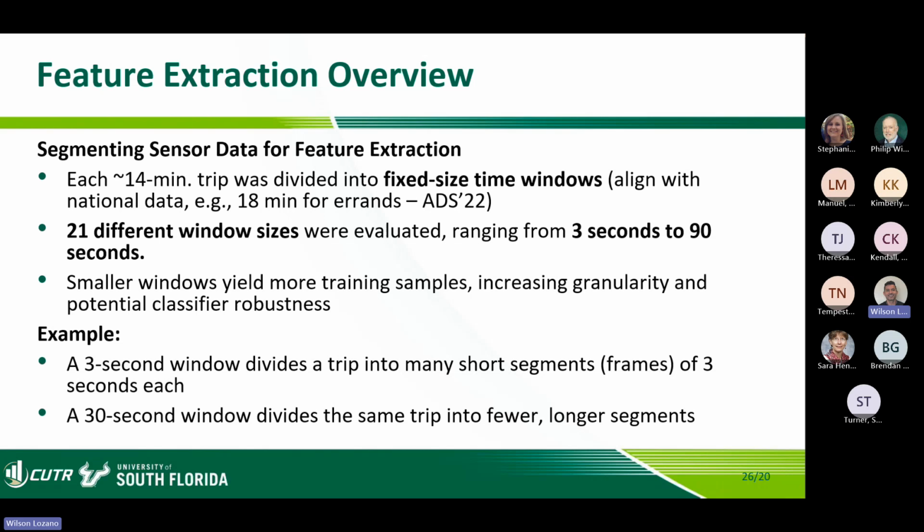This increases granularity and potential classifier robustness. For example, 3-second windows divide a trip into many short segments, while a 30-second window will divide exactly the same trip, but into fewer segments.